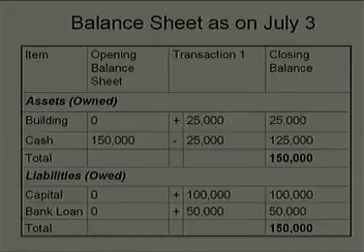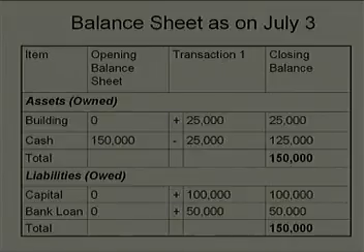So, 0 plus 25,000, you have 25,000 as the building asset value. Now, if you look at the cash under the asset side, there has been a decrease of 25,000 in this particular asset, because you have purchased the building in cash by paying 25,000. So, your cash has come down to 125,000.